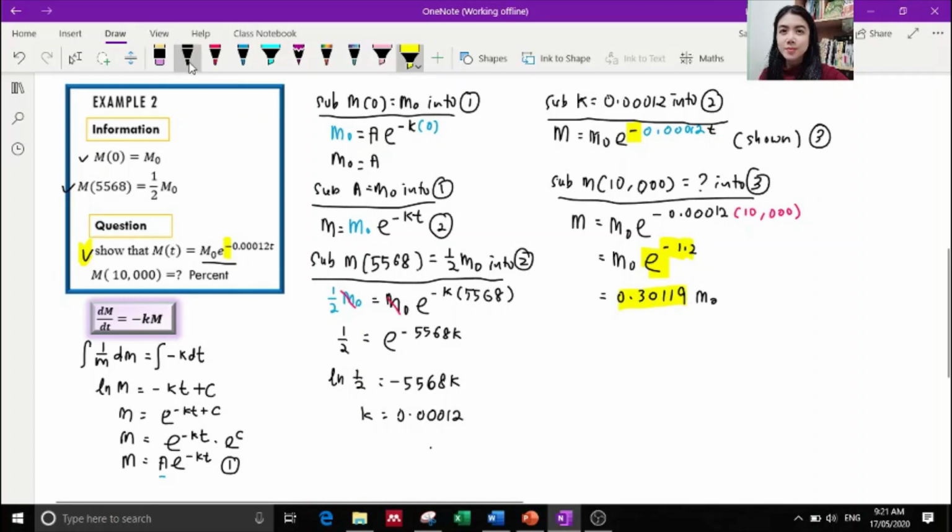Okay, so this is in terms of decimal. For the answer in terms of percentage, you have to multiply the decimal with 100%.